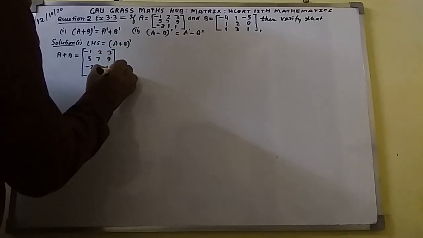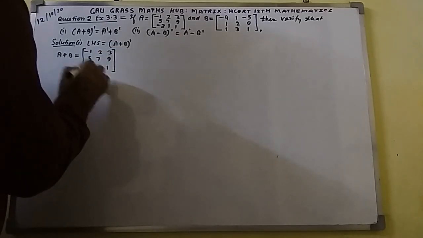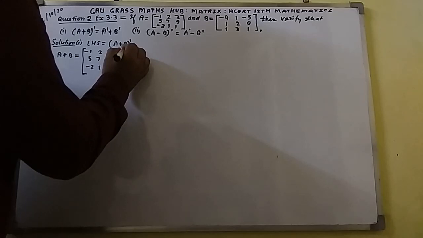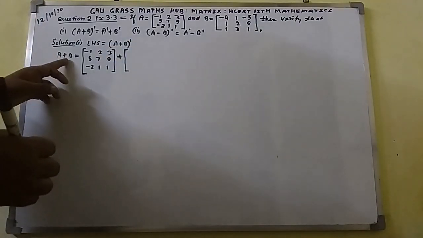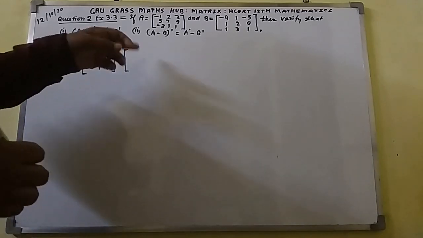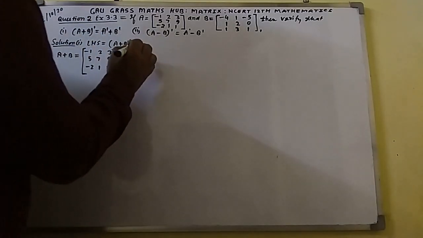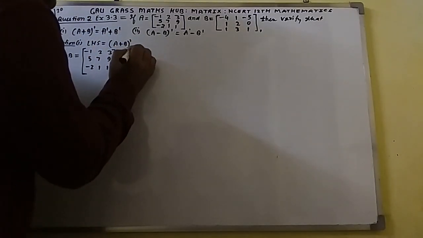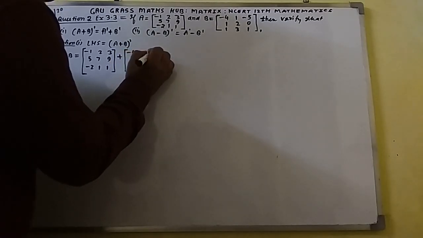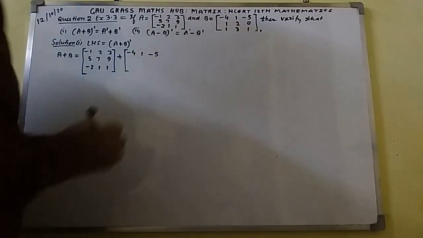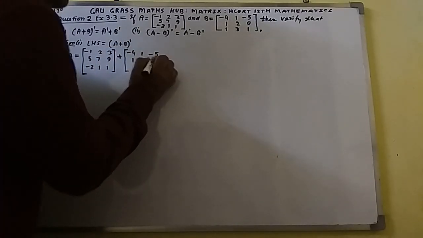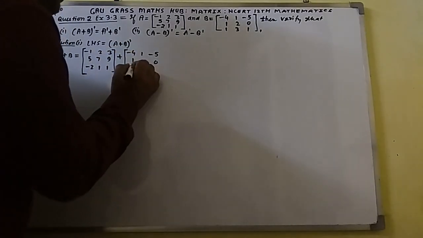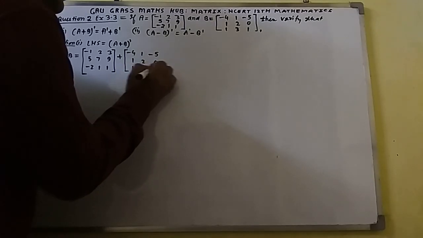Closing the square bracket, plus, opening a square bracket, and the matrix B. The first row is -4, 1, -5, the second row 1, 2, 0, the third row 1, 3, 1.